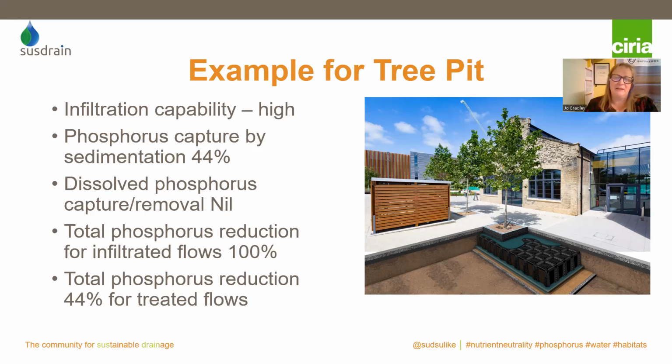The soil type must be right, the soil depth must be right, the soil permeability, the flow type through the soil, the vulnerability of underlying groundwater, proximity to water receptors. There's certain criteria that you must satisfy in order to be able to say that all infiltrated flows will capture and retain 100% of the phosphorus.